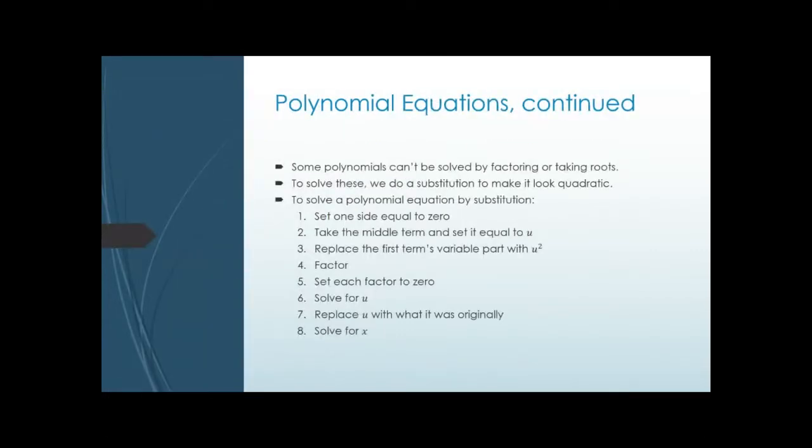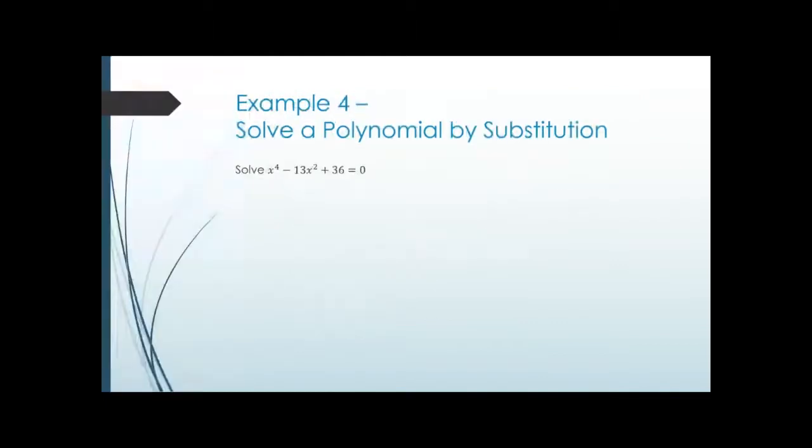So some polynomials can't be solved by any of those methods that we've just seen. And so if possible, then what we do is we solve by substitution to turn it into something that is quadratic. I have the steps here, but it'd be a lot better just for me to walk through it, and then you can use these steps for reference.